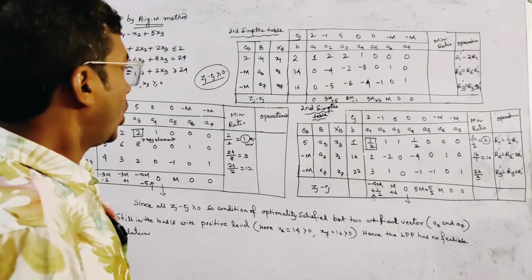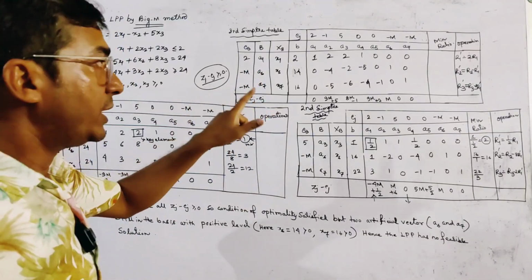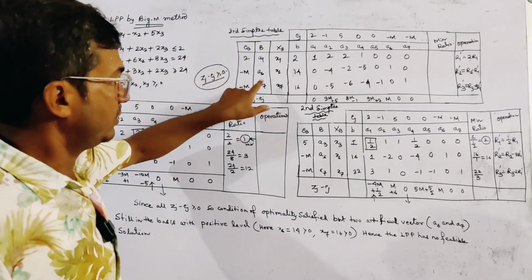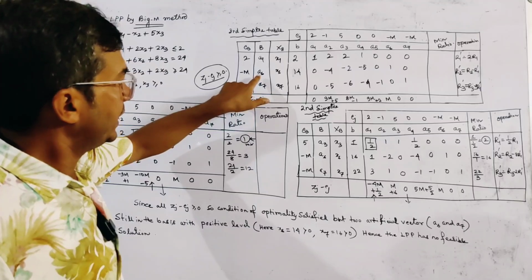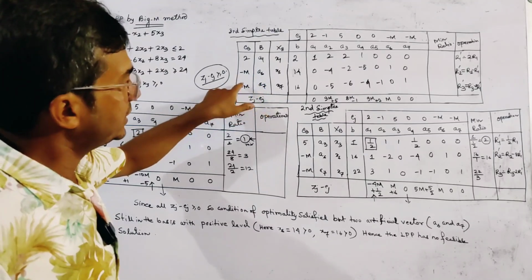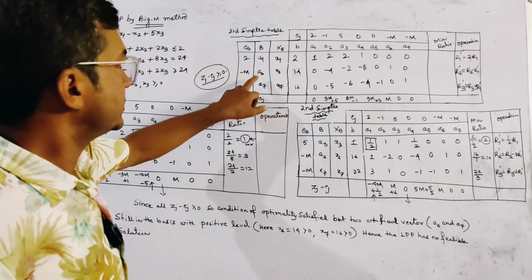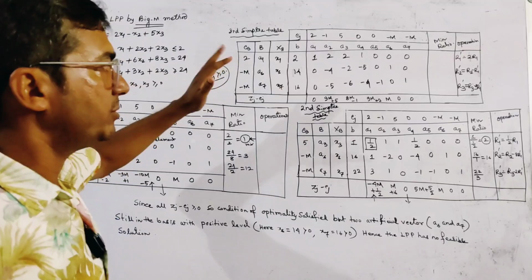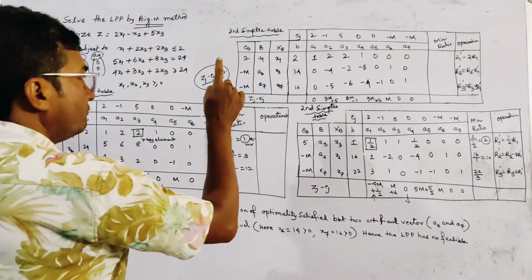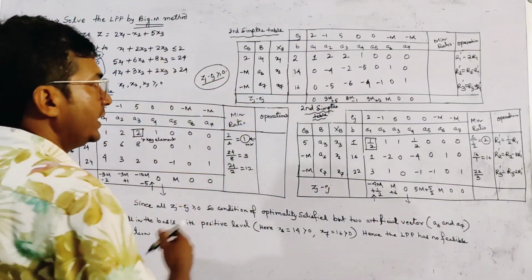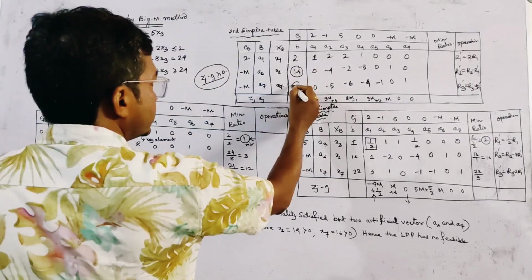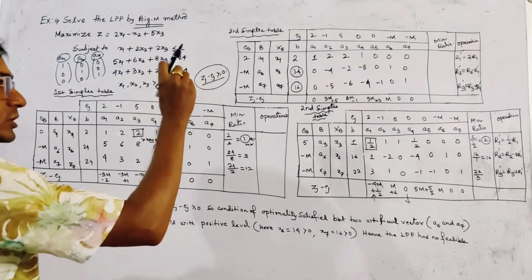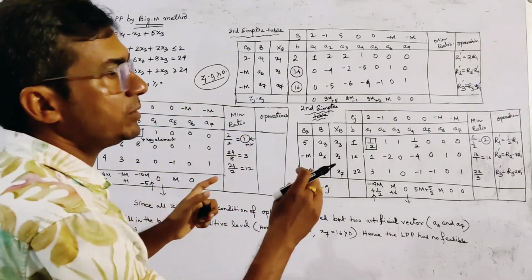Okay, so the optimality condition is reached, but it is seen that the artificial vectors A6 and A7 are still in the basis, because A6 is 0, 1, 0 and A7 is 0, 0, 1, and the values of the artificial variables are positive. This is 14, also this is 16. Okay, so we say that the given LPP has no feasible solution.